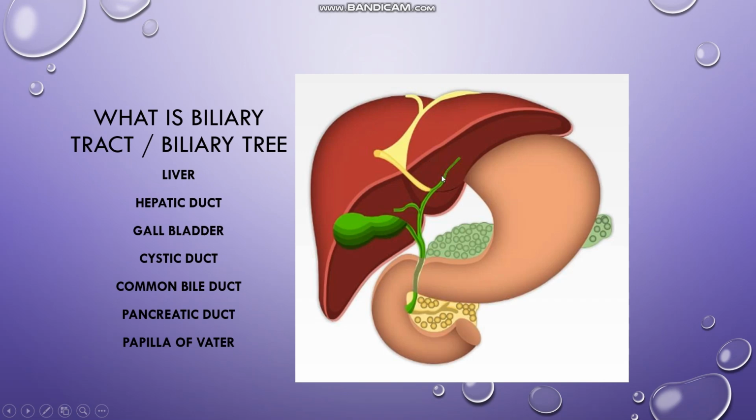When we consume dietary fat, the liver produces bile, which travels from the common hepatic duct and is stored in the gallbladder. The gallbladder releases bile into the common bile duct through the cystic duct. The common bile duct, which receives pancreatic secretions, enters the small intestine through the papilla of Vater.